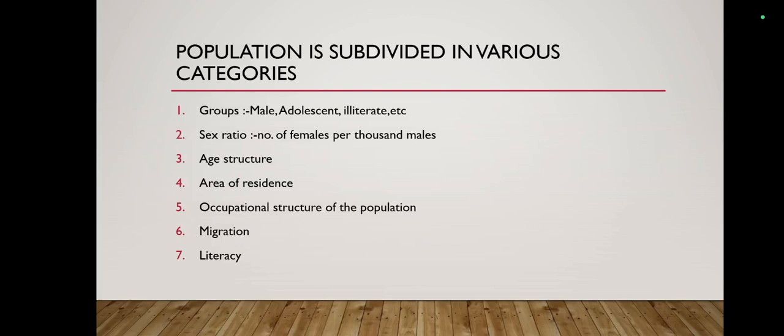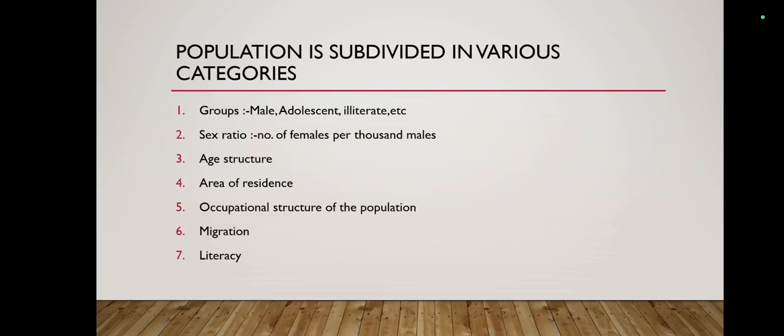Next is sex ratio. Sex ratio means number of females per thousand males. As per the gender, population can be divided into males and females. This is a natural division which can be easily understood. In a population, when both the genders are around the same number, it indicates a balanced proportion.